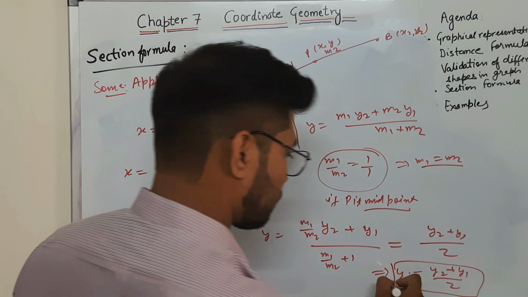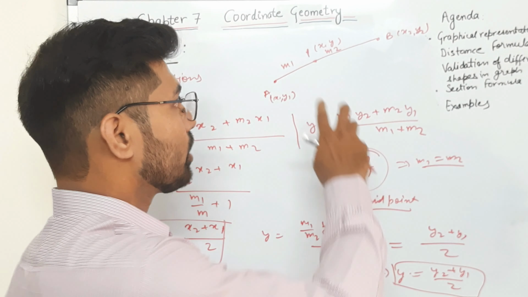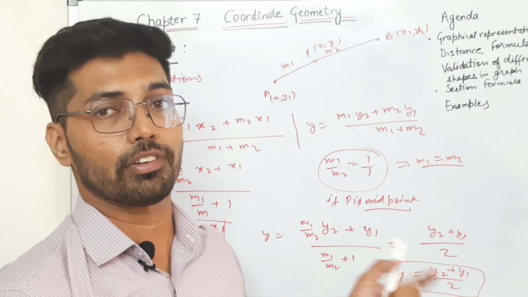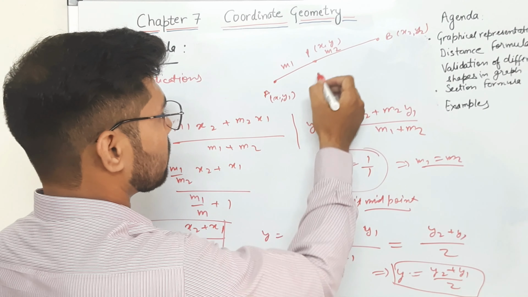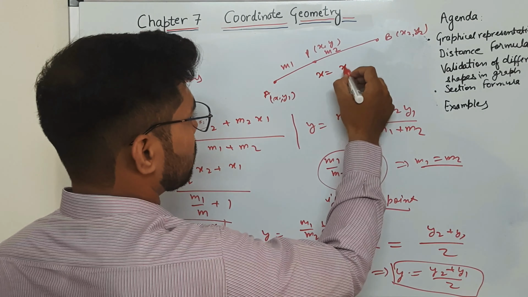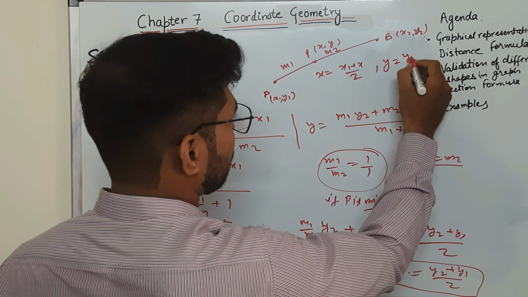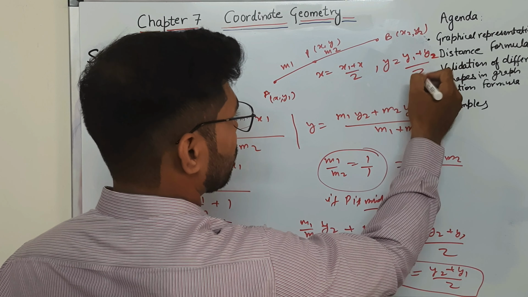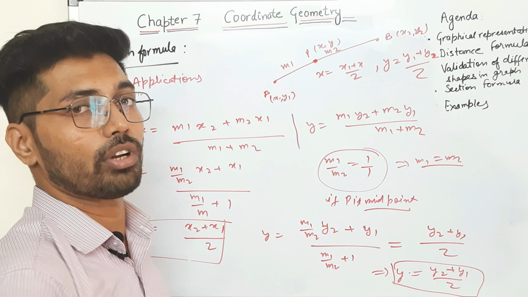So what does this mean? If this is a midpoint, then we just need to take the average of the abscissas and the average of the ordinates to get x and y respectively. So x will be (x1 plus x2) upon 2, and the ordinate y is (y1 plus y2) upon 2. We just need to take the average, because this is the middle point. This is how to derive this.